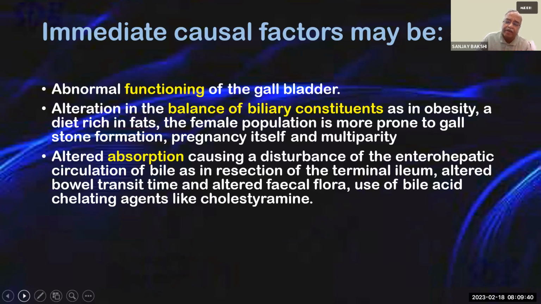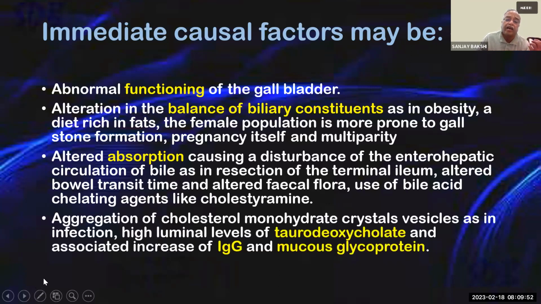So if you have damage to the terminal ileum and the cecum complex, you have less absorption of bile salts, which actually keep cholesterol in solution. So alteration, and you're absolutely right. Infection: in the presence of infection, there are high luminal levels of taurodeoxycholate and an associated increase of IgG and mucus glycoprotein, and that actually induces stone formation.